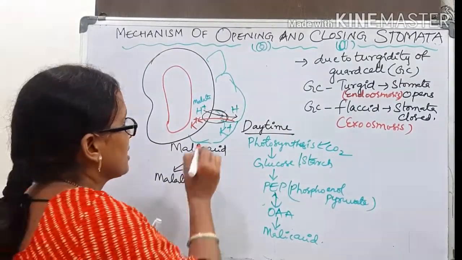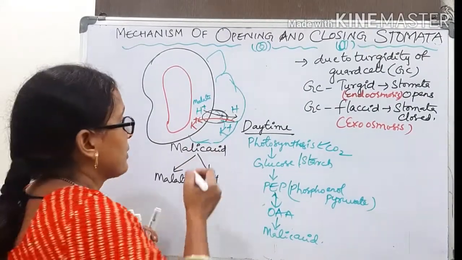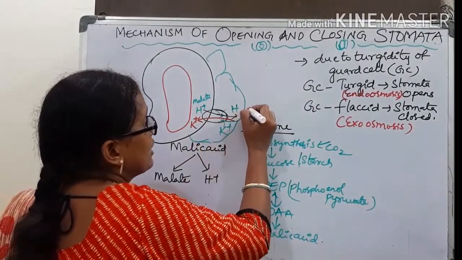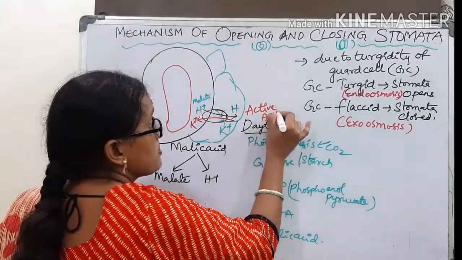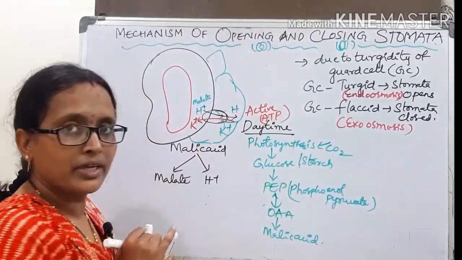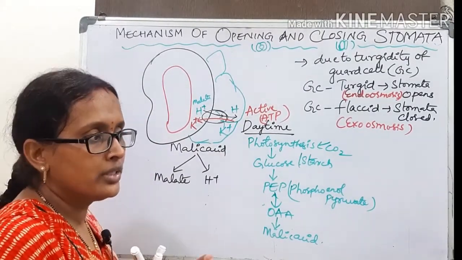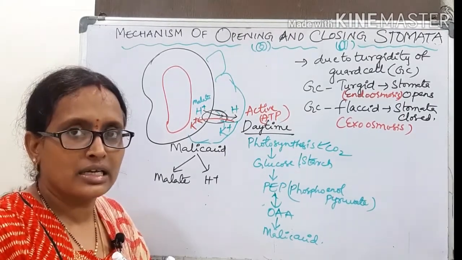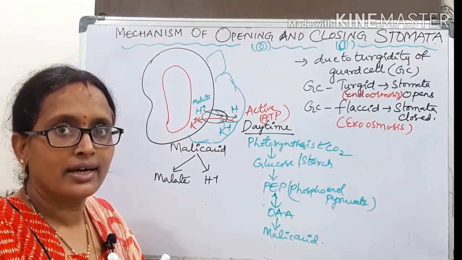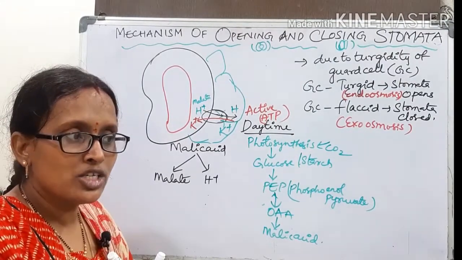Which type of transport is this? Antiport. Here it is active transport, by spending ATP. During the daytime in the guard cells, malic acid is formed and converted into malate and H plus ions. The H plus ions enter the subsidiary cells.